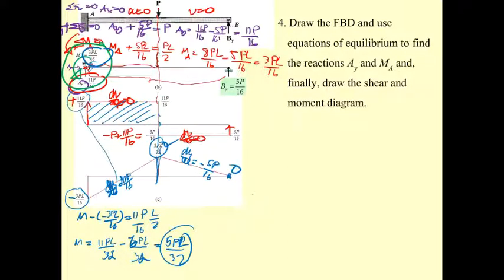What else do we have? Here we have this one positive, and we have this one negative. So this one has a downward curve. This one is upward, concave downward. So this is going to have an important point of zero moment. The zero moment is going to provide the inflection point.